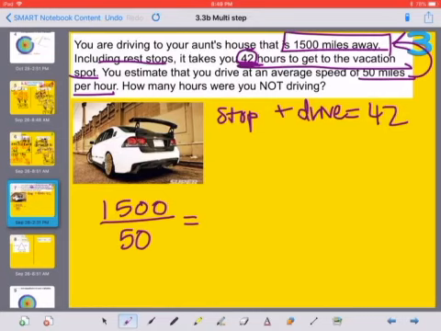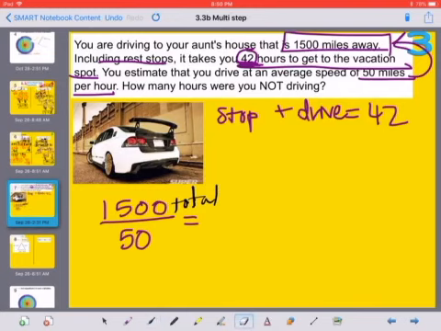I know that's not in reality what will happen, but go with me for a second here. 1,500 miles total divided by 50 miles per hour will tell us how many hours it'll take us to get there.